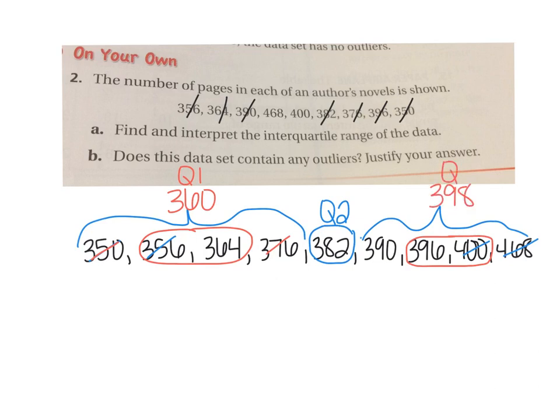And that is my Q3. To find the interquartile range, I'm going to find the difference between Q3 and Q1. So I'm going to find the difference between 398 and 360, and I get 38. An interquartile range of 38 means that the middle half of the numbers of the pages vary by no more than 38 pages.